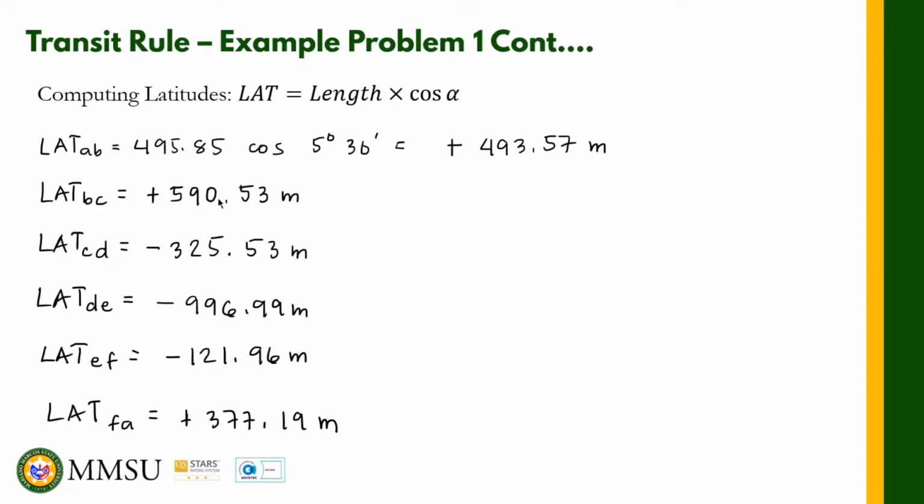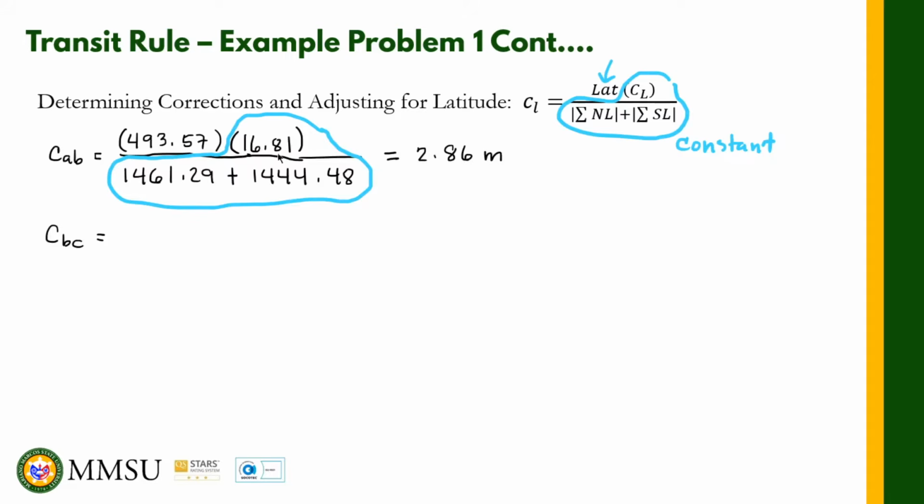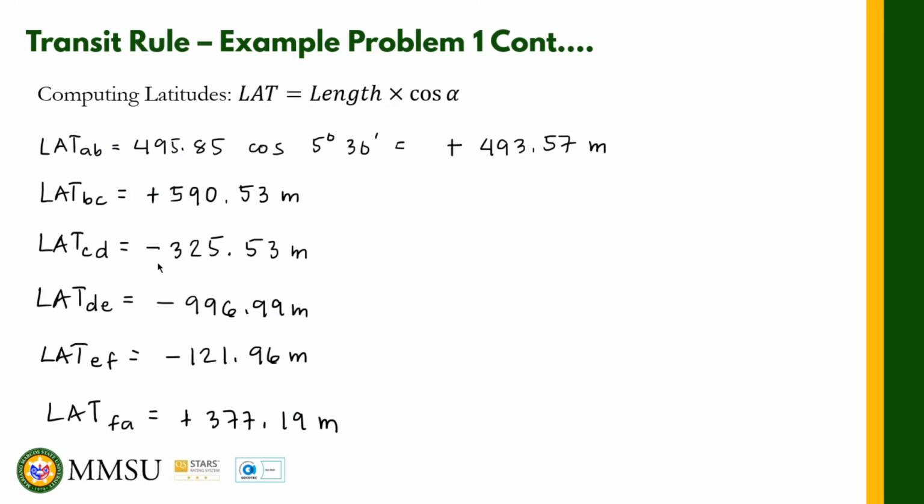So, kapag minultiply natin ito, 590.53 by the value of 16.81 divided by this, ang lalabas na sagot is 3.42 meters. For the correction of CD, the latitude of CD is 325.53. Do not mind the negative sign, ano?